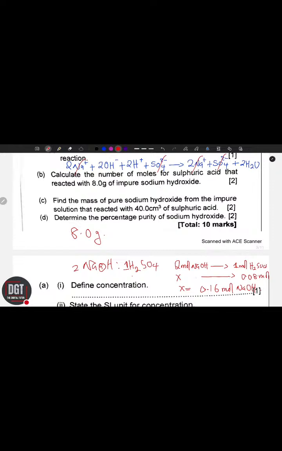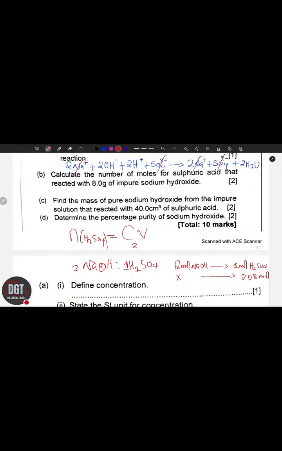What about X moles of sodium hydroxide? What did you find as the moles of sulfuric acid? We found 0.08. Now this is where Namakao is asking how did we get it. We used the formula: number of moles is equal to concentration multiplied by volume. What we are finding is the number of moles of sulfuric acid, and we are given the concentration and the volume.